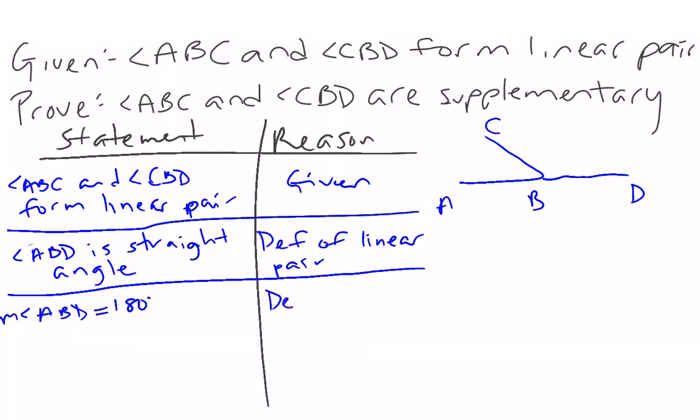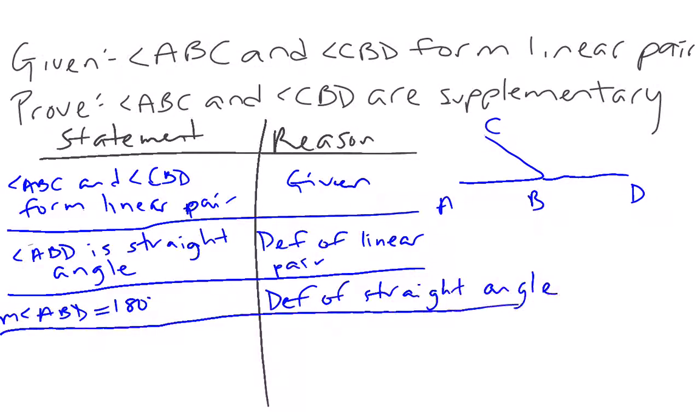Definition of a straight angle. And the next one, we haven't used this reason yet, but what we're wanting eventually is to say that if I add ABC and add CBD, that I'm going to get 180 degrees, because then I can say they're supplementary.